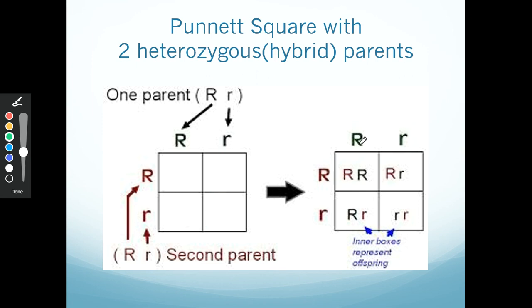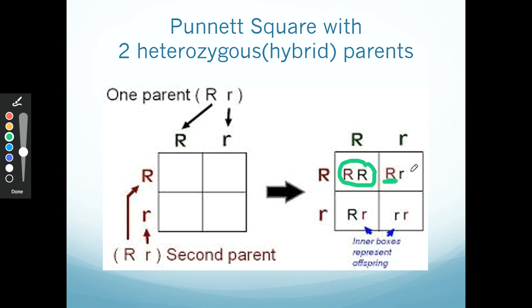So again, if we look here, we brought the R straight down, and then we brought the female across. If we look at our offspring, here, tongue roller.